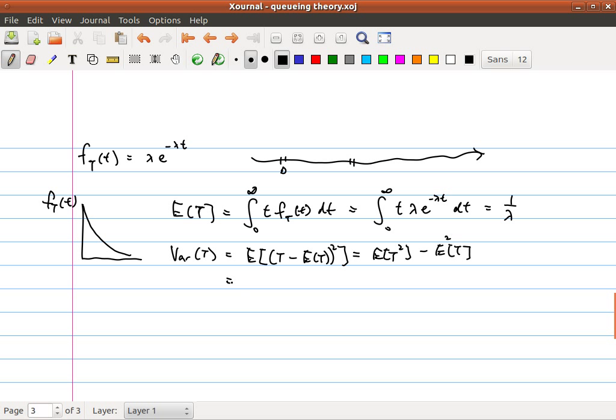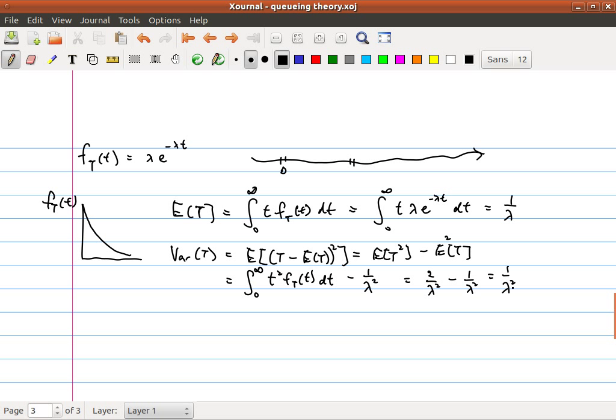The first term will be the integral of t squared f_T(t) dt, minus 1 over lambda squared. It turns out the first term is just equal to 2 over lambda squared, so minus 1 over lambda squared is equal to 1 over lambda squared.